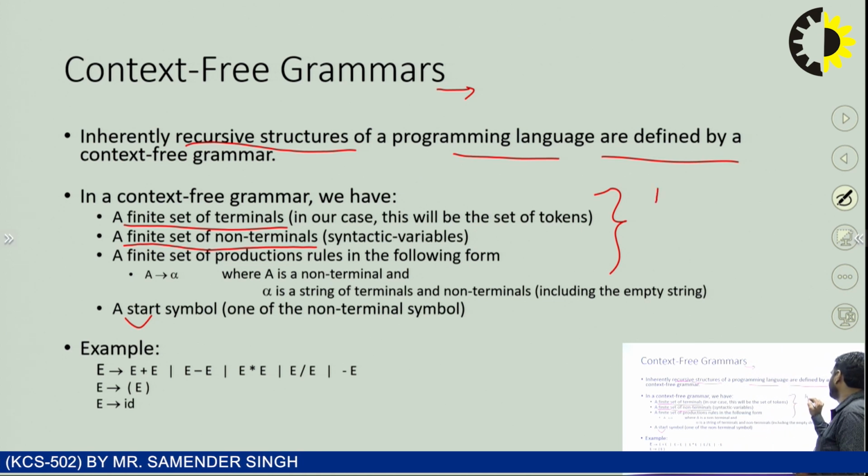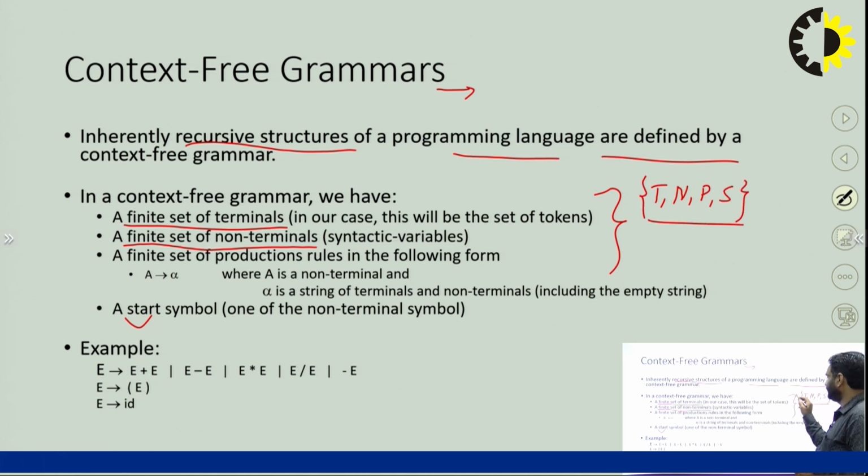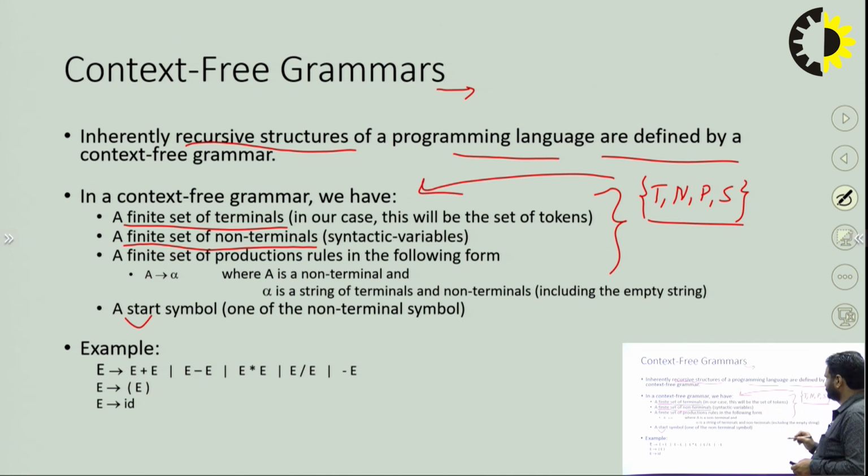So we can say terminals, non-terminals, production rules, and start symbol. These are the 4 tuples of a context-free grammar. Terminals, non-terminals, and start symbol you know very well. These are common to each grammar.